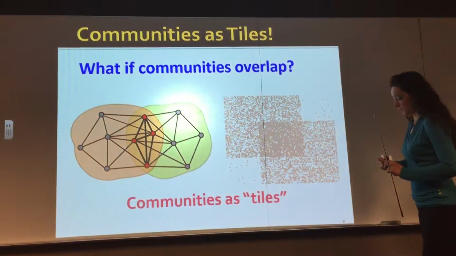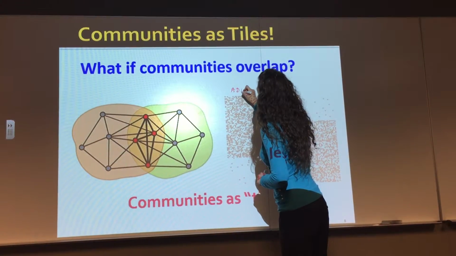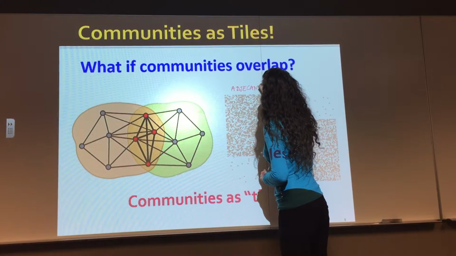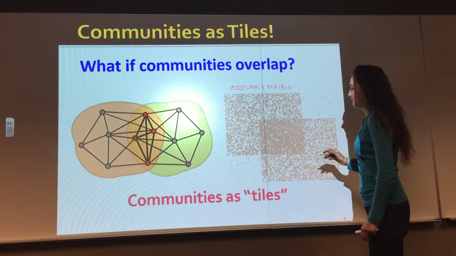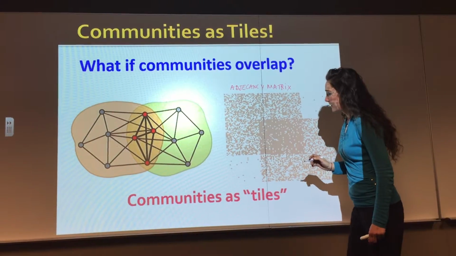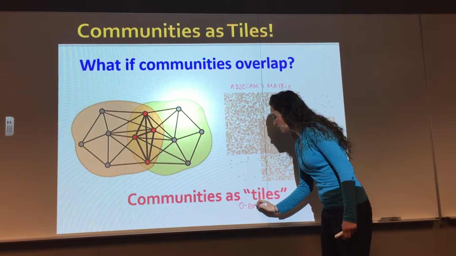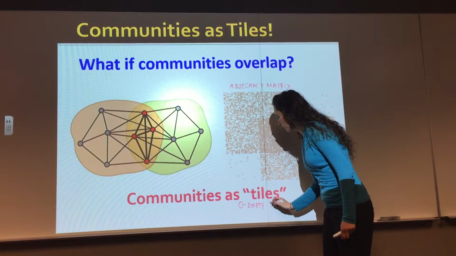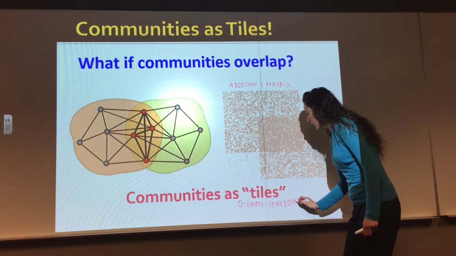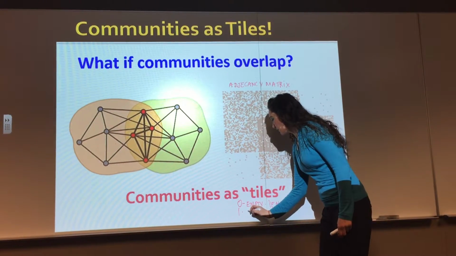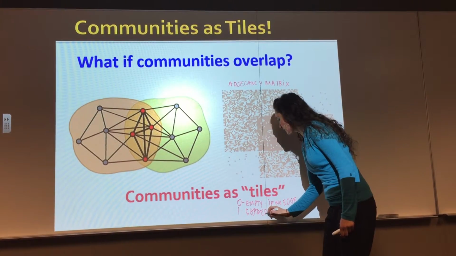And so the adjacency matrix will show a 0 or an empty space if there is no edge between those two nodes, and it will show 1 or a shaded area if there is an edge.